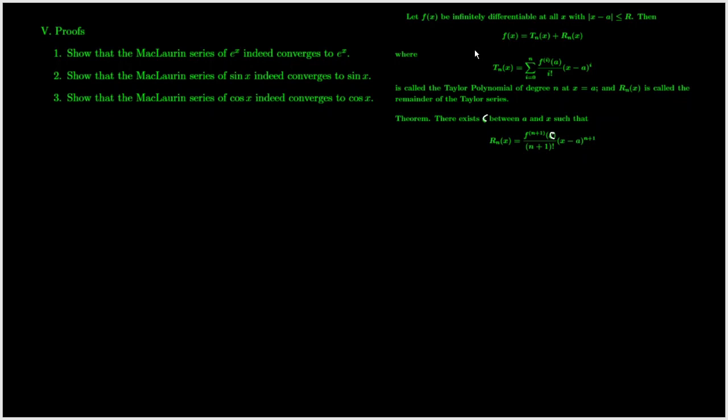But before we do that, we want to write T sub n of x in terms of the given function and the remainder. You look at that formula. You look at the mouse cursor. Okay. So T sub n of x equals f of x minus the remainder R n of x. You see that from here, right?